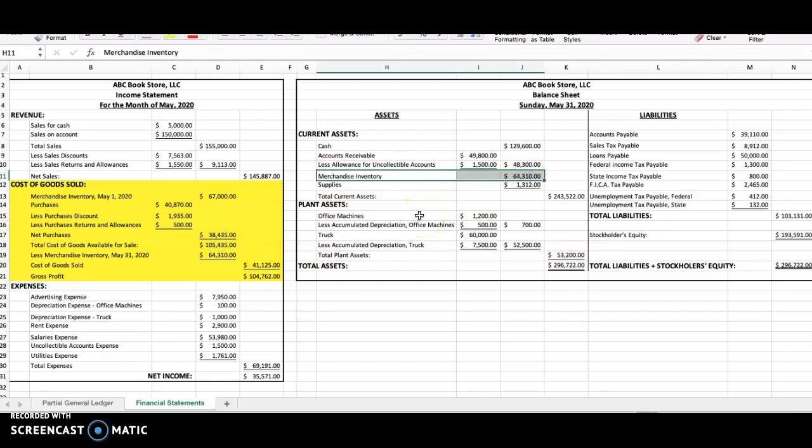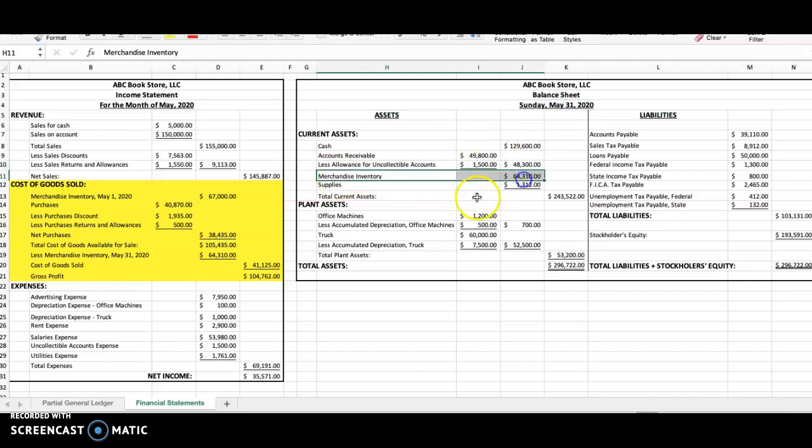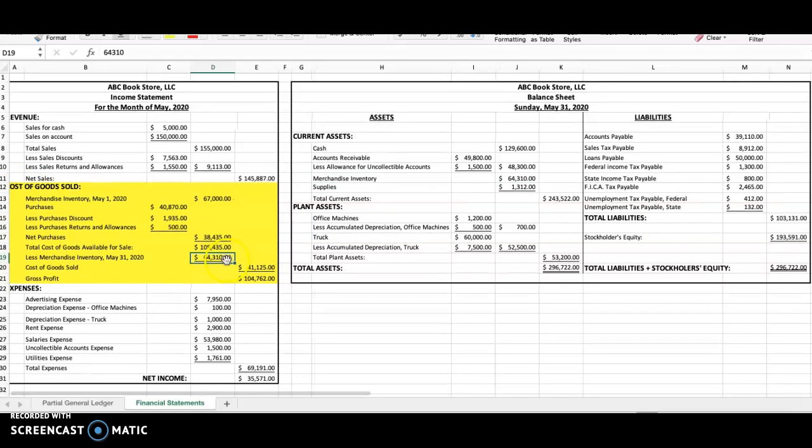You see on the balance sheet we show merchandise inventory, and this is dated May 31, so at the end of the accounting period, we show merchandise inventory of 64,310. That's an asset. We don't show purchases because it's included in this computation we did over here with cost of goods sold. So this number that we calculated and put on the income statement showing ending inventory will eventually end up over here when we calculate the balance sheet.